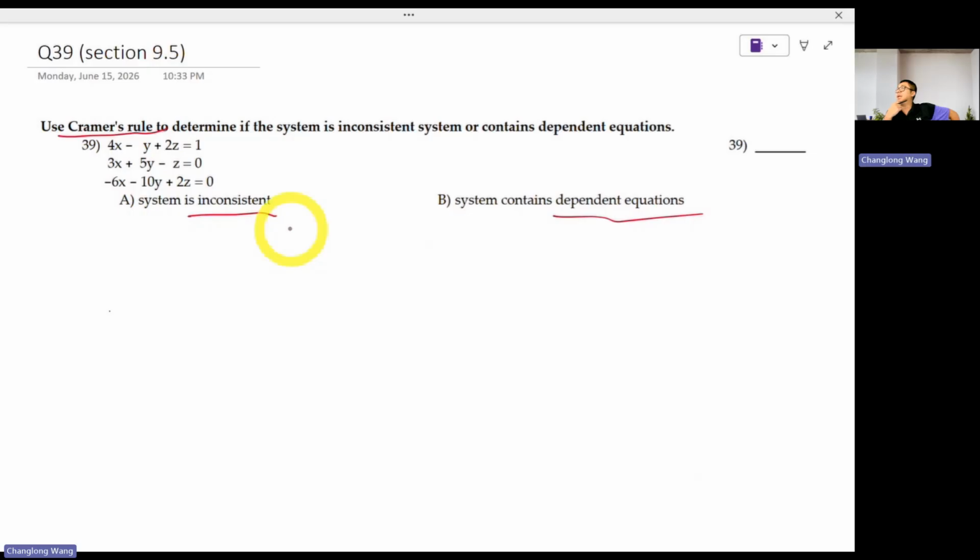Is it talking about the system having finitely or infinitely many solutions, or is it talking about the system having no solution? Inconsistent means no solution. Then what about a dependent system? Do they have a solution?